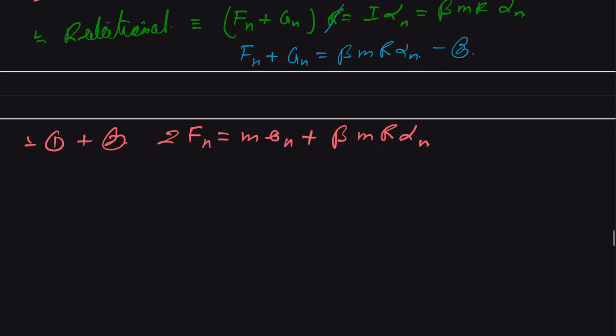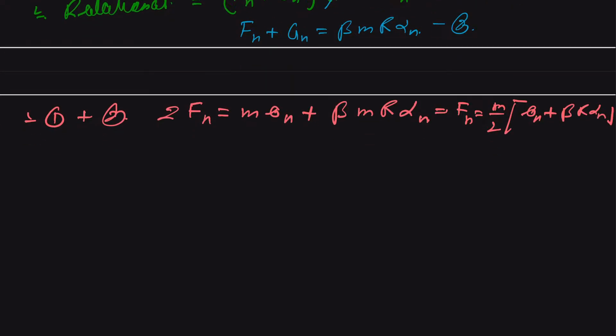And from here we can write that our F of n will be equal to 1 by 2, and we can take m as common, so this becomes m by 2 times a of n plus beta r alpha of n.